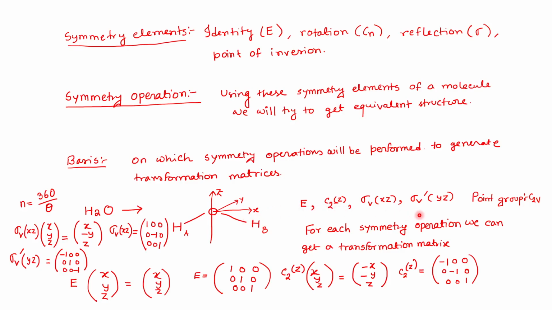So these are the four things. First, what you see, identity is there, C2 is there, and now sigma v's are there. Even if you are confident that you can see one sigma v, you don't have to find the second sigma v.